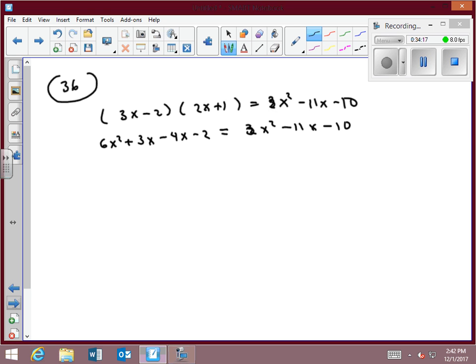We got to get 0 by itself, and we want the leading term to be positive. We're going to bring 3x squared over, bring everything over to the right and leave 0 on the left, right? So the 3x squared comes over. Then this 11x comes over as a positive.